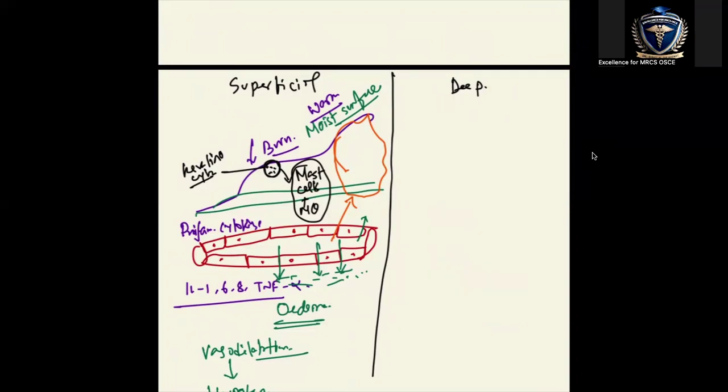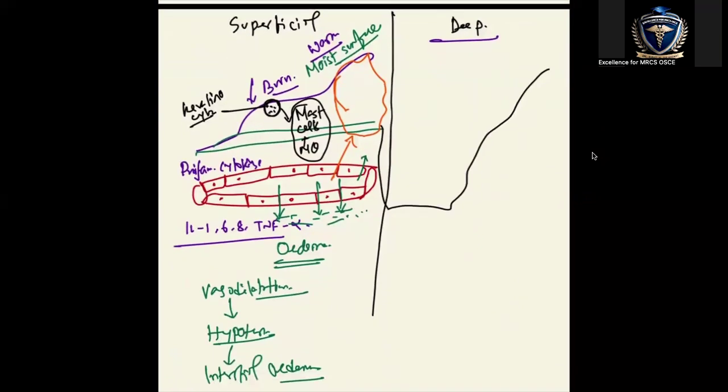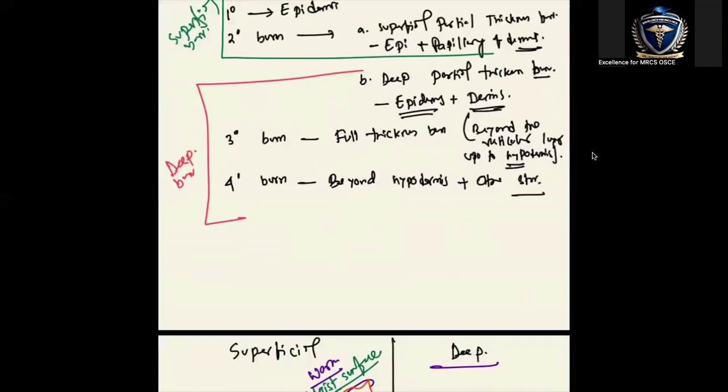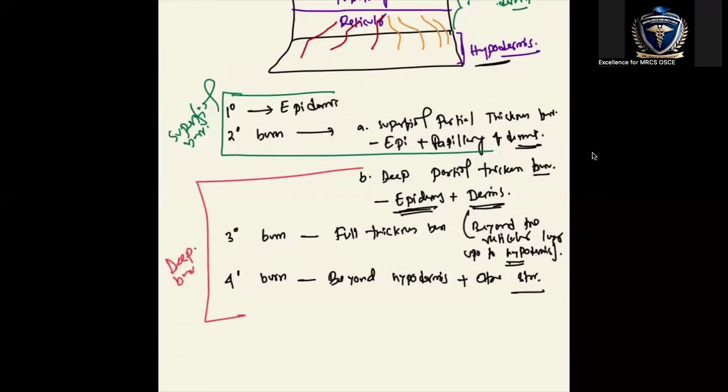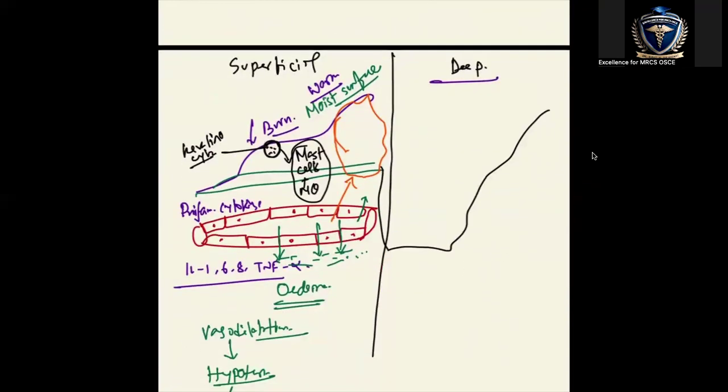Now come to the deep burn. So what about the deep burn? Always remember, deep burn, I have already mentioned, is very deep and almost covers all the layers, the epidermis and dermis, and full thickness burn goes beyond the hypodermis. So that will cover everything.